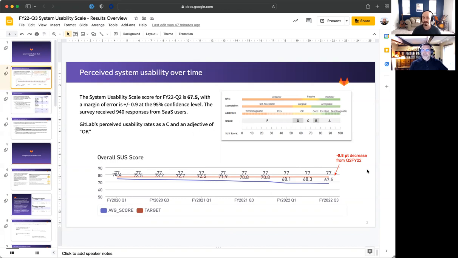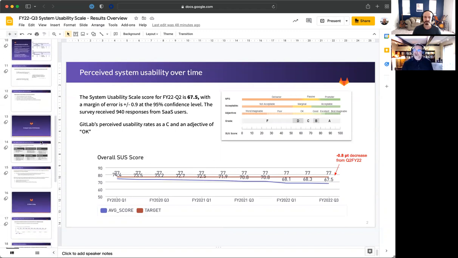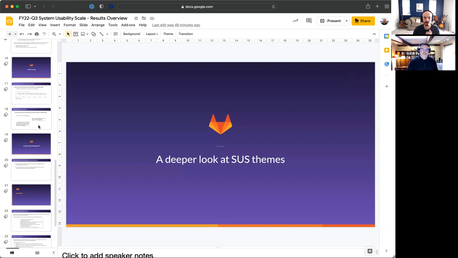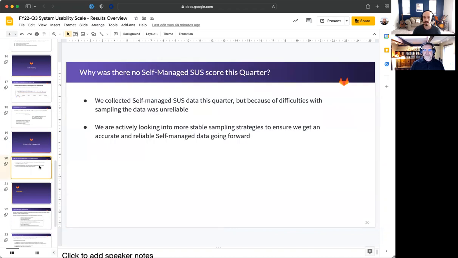Got it. Okay. So if my math is correct with the calendar, this would have been a quarter when we would have measured self-managed. Was wondering, how come we don't see that here? Yeah, absolutely. Great question. We did collect a good amount of self-managed data, but for a number of reasons, we ran into some difficulties with reliably sampling self-managed users.